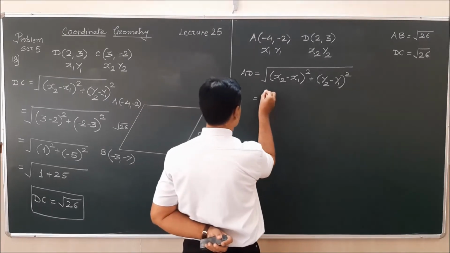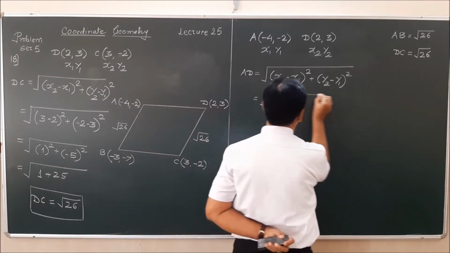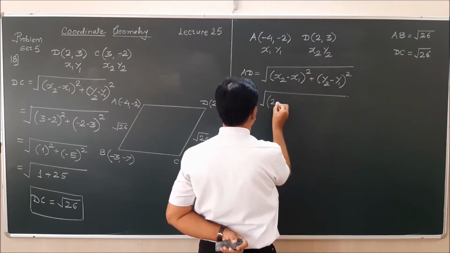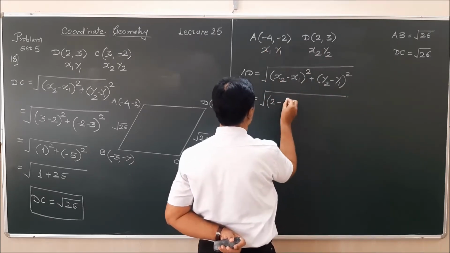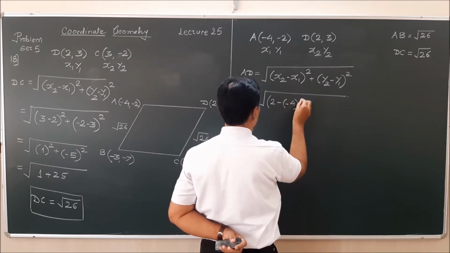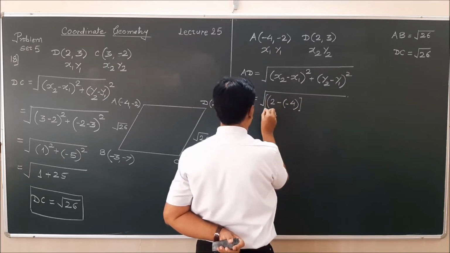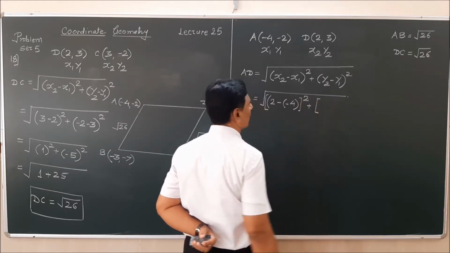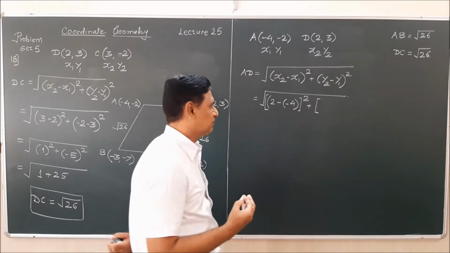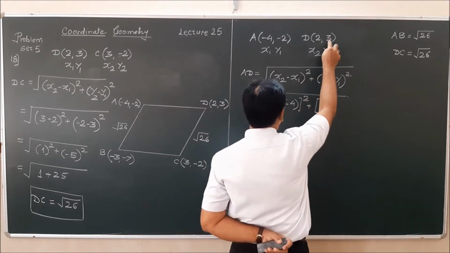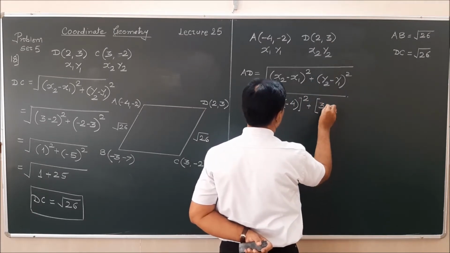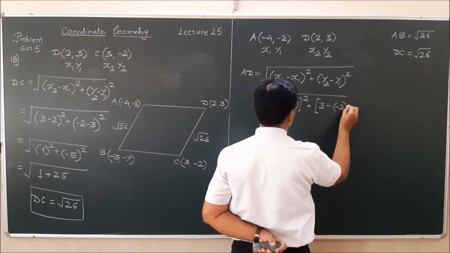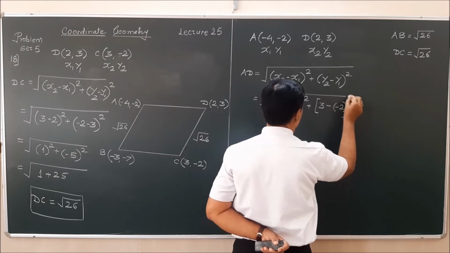Our distance formula only. That will give us root of (x2, that is 2, minus of minus 4) square plus (y2 minus y1, the value of y2 is 3 minus of minus 2) whole square.